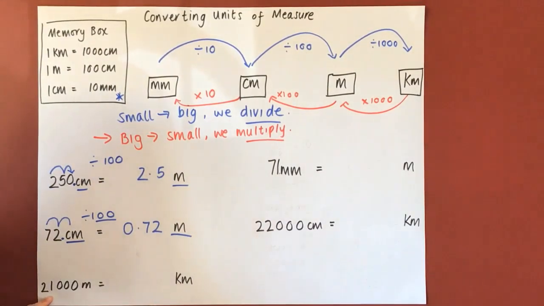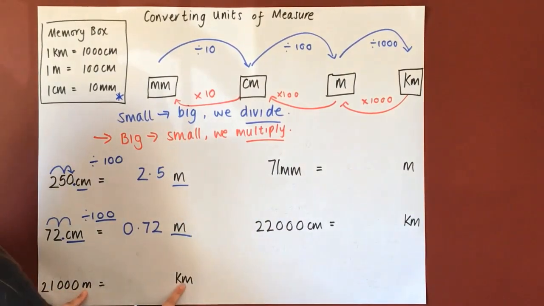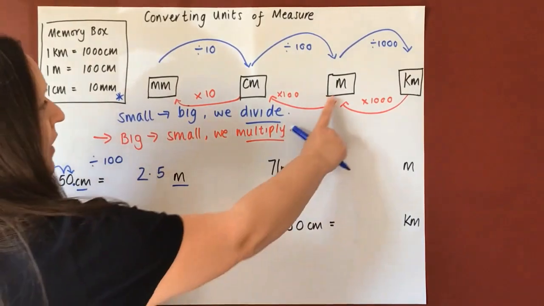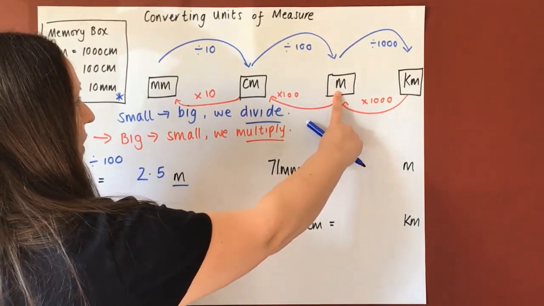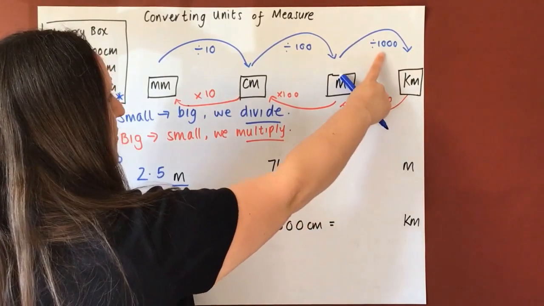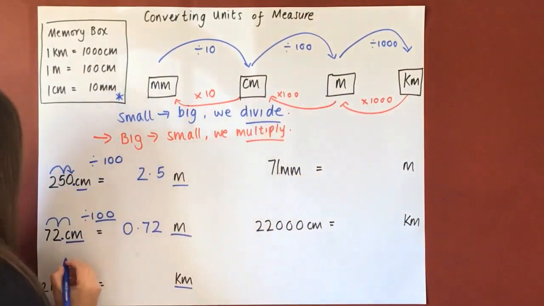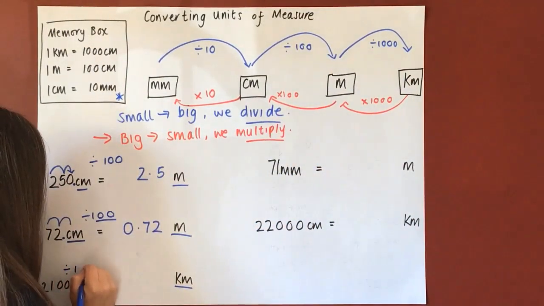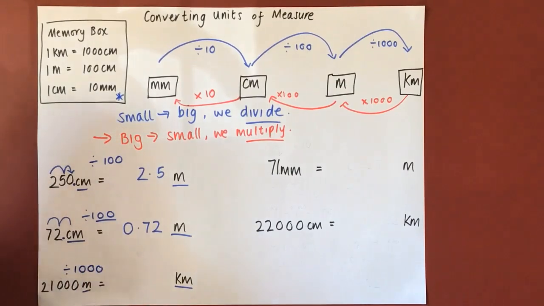My next number is 21,000 metres, so we shouldn't be scared when the numbers get bigger. So 21,000 metres, we need to convert to kilometres, so I underline my units. I can see I'm going from metres to kilometres, which means I need to divide by 1,000. Here we go. Place value then, imagine your decimal is at the end of the number.